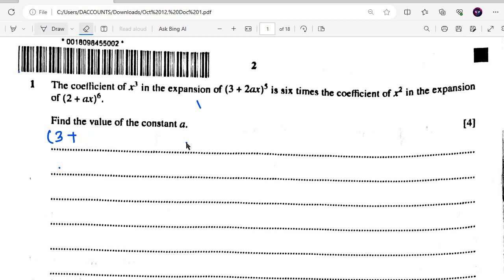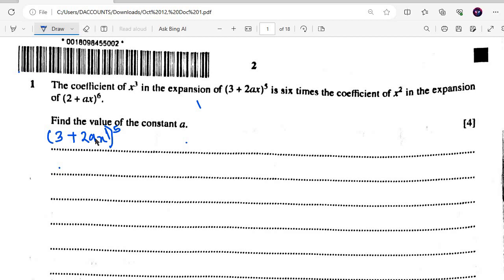That's the first thing we need to do. So using binomial expansion.